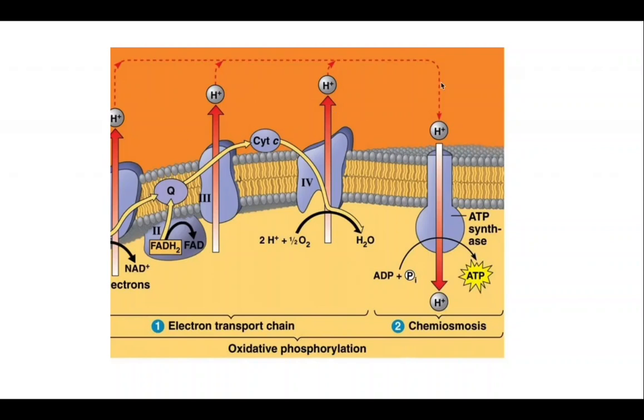So at the end here, you have these protons and electrons separated. The ATP synthase enzyme is going to bring these protons back and use that energy to put a phosphate on ADP and make ATP. It's also going to have these hydrogen ions available here to combine with oxygen and make water.